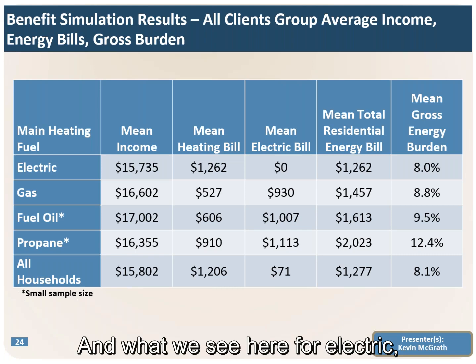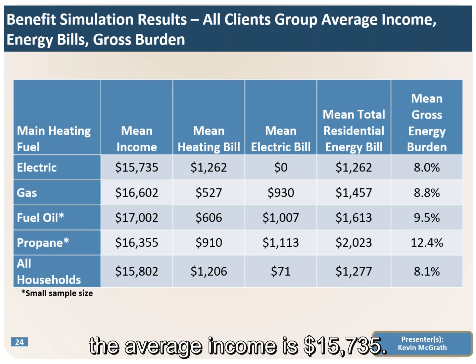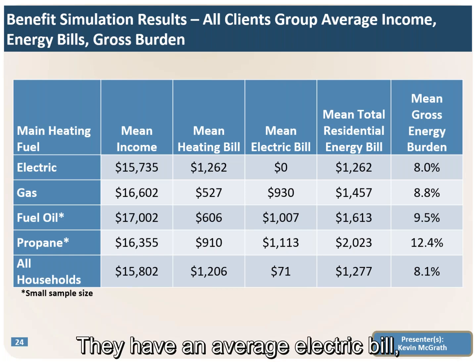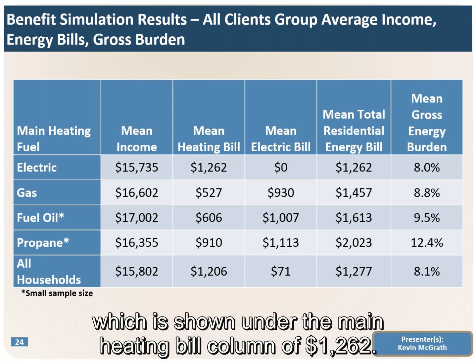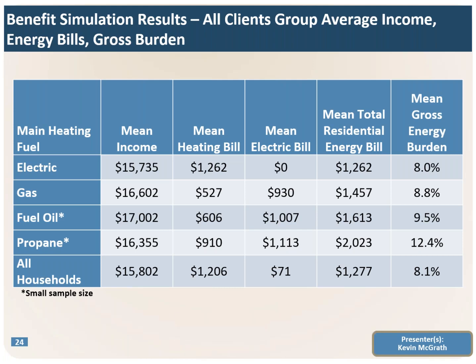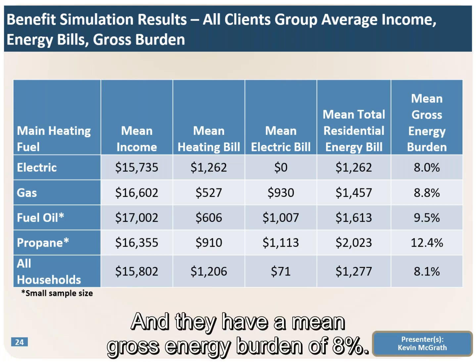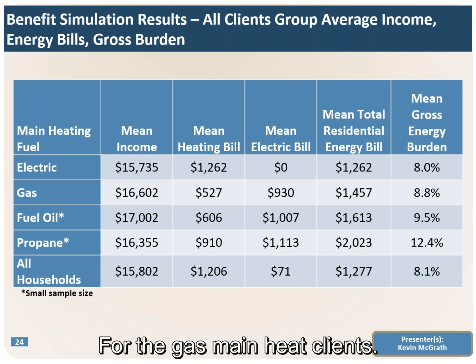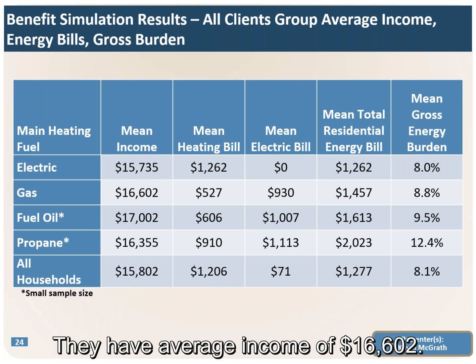And what we see here for electric, the average income is $15,735. They have an average electric bill, which is shown under the main heating bill column, of $1,262. And they have a mean gross energy burden of 8%. For the gas main heat clients, they have average income of $16,602.